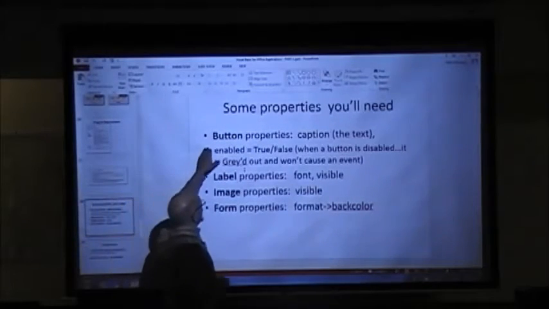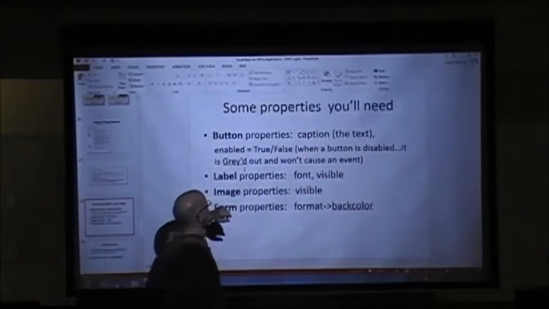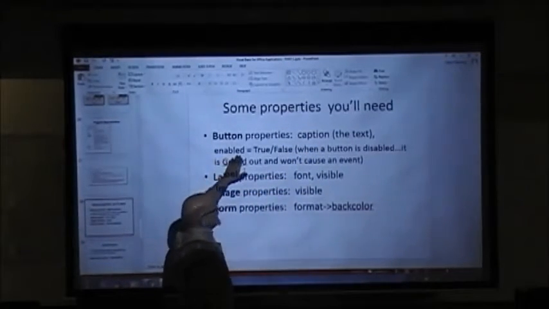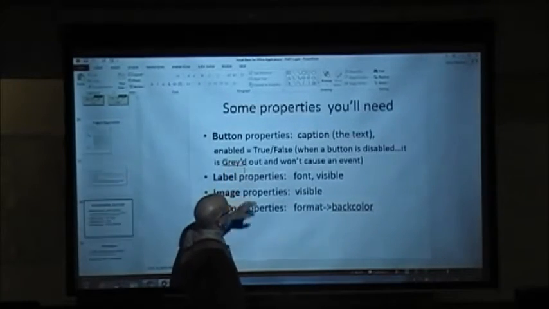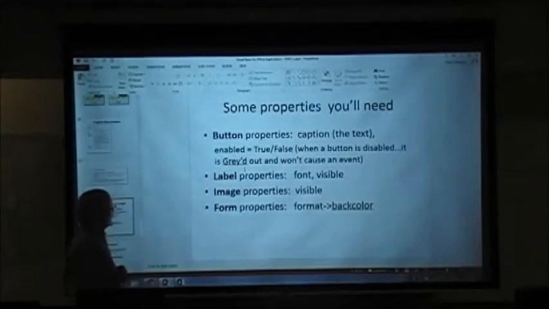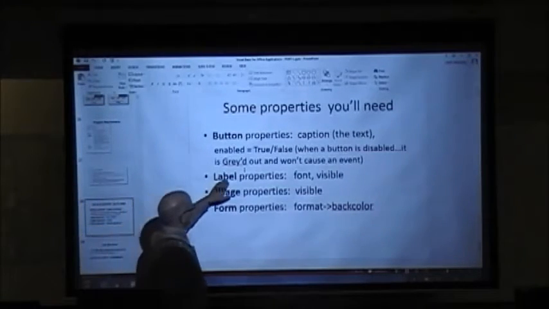is a couple of button properties. One is called the caption, which is the text that's displayed on the button. Another one is whether it's enabled. You can set enabled true or false. So you set it true to enable it and false to disable it, and it gets grayed out. And it won't cause an event when the user clicks on it. Then we have labels.